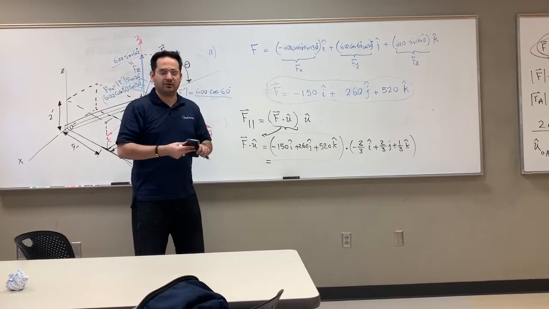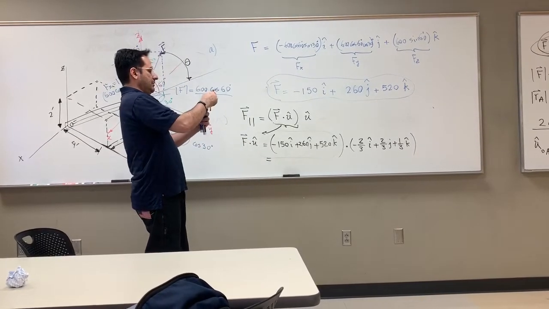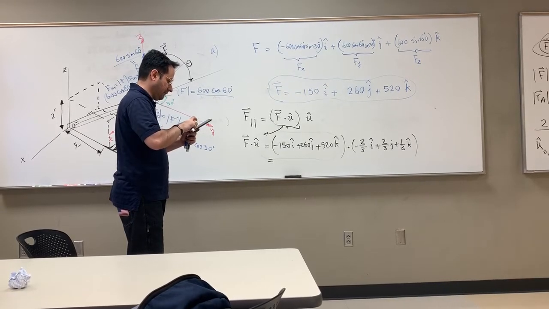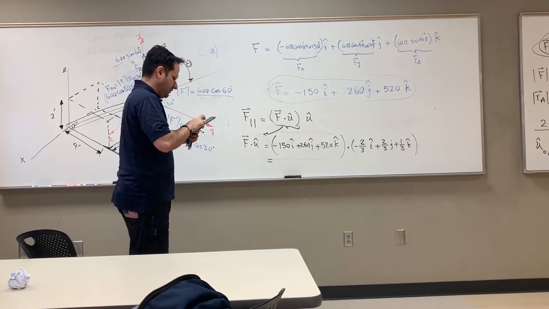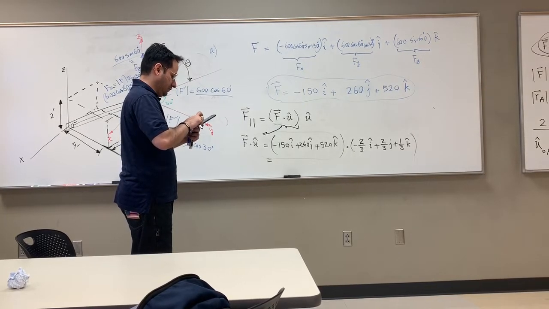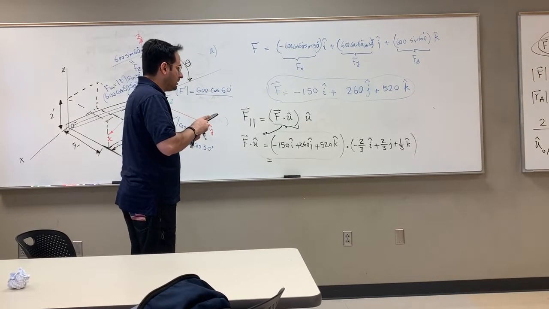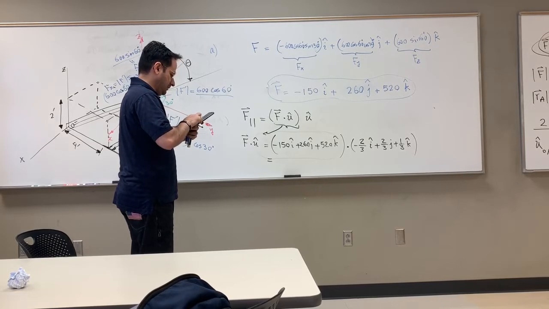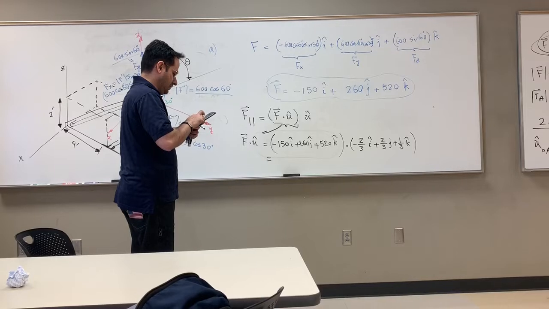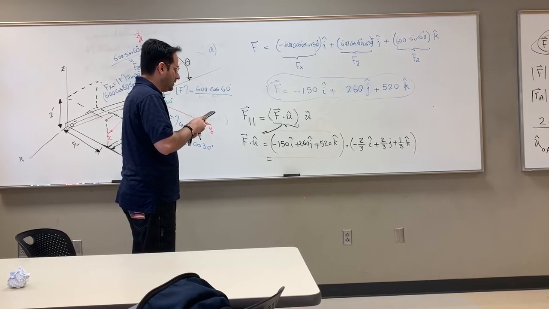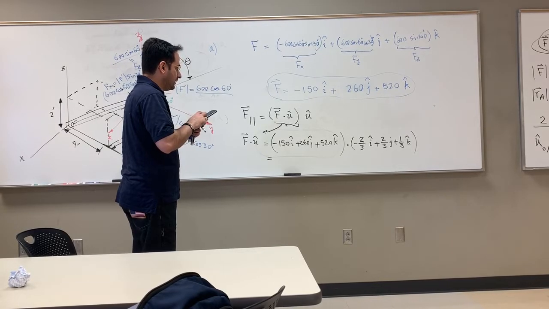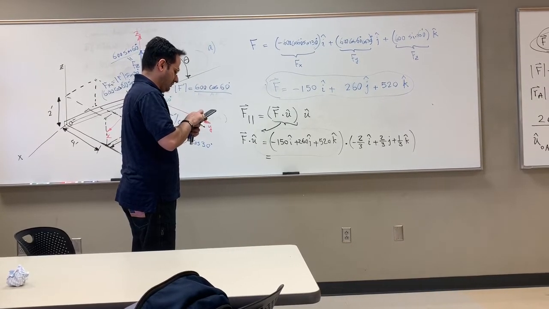So I'm just going to use the calculator. Negative 150 times negative 2/3, plus 260 times 2/3, plus 520 times 1/3.